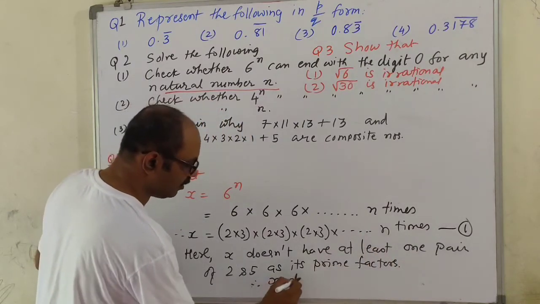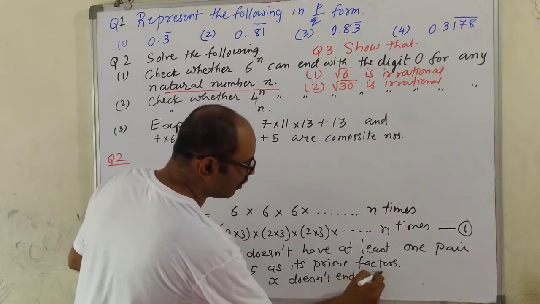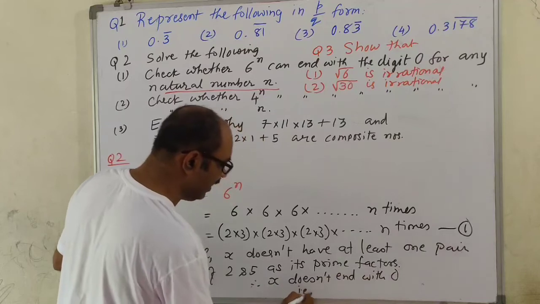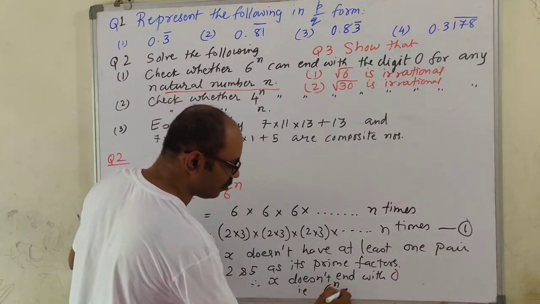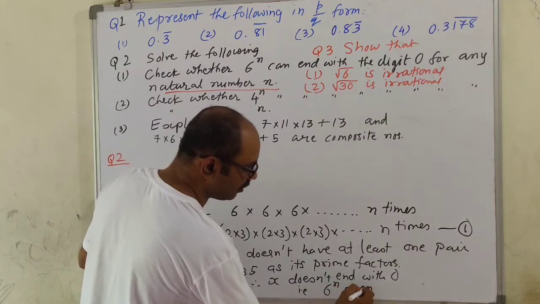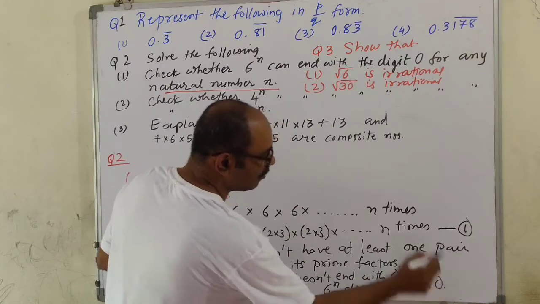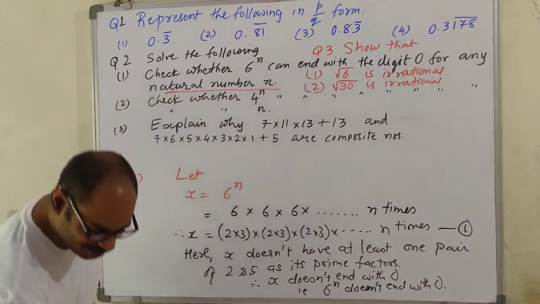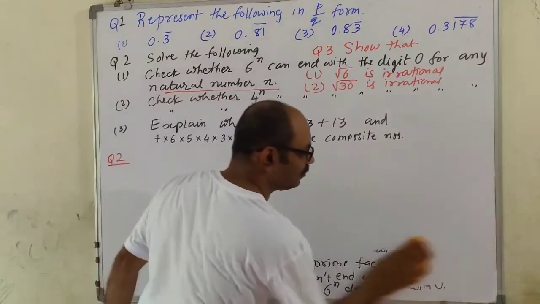Therefore, x doesn't end with 0, i.e. x मतलब 6 raised to n, i.e. 6 raised to n doesn't end with 0. Clear to you? Sure? Good. Now second one.